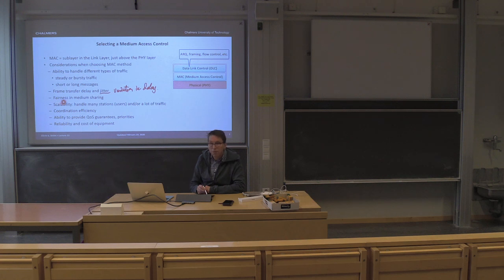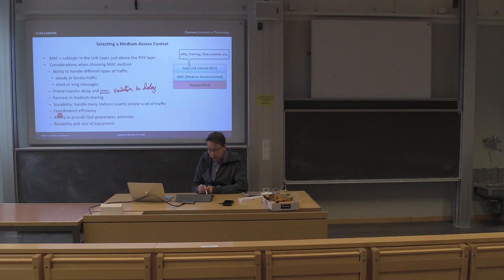We also want to be fair in the sense that we would give all stations which are attached to the medium an equal share somehow, or fair access to the channel. So not one station takes the medium forever, so to say. We also need scalability, and scalability means handling many stations, that is many users, and or a lot of traffic.